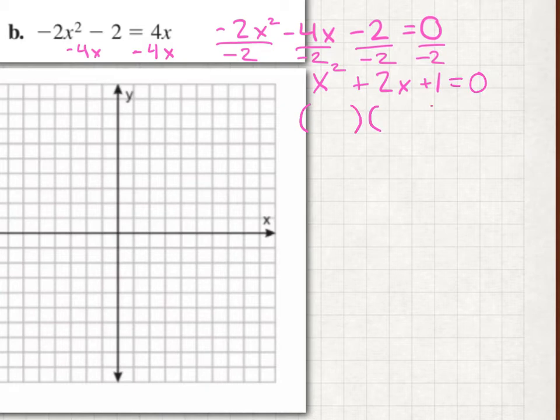Now we can factor it to find our x-intercepts. So what are 2 factors of 1 that add up to 2? 1 times 1. So we have x plus 1 and x plus 1. So our x-intercepts here would be x is equal to what?